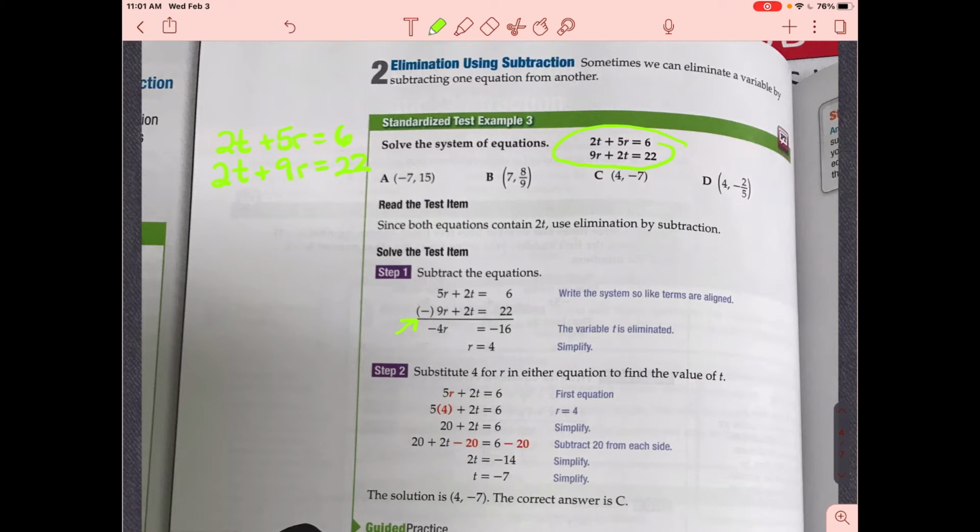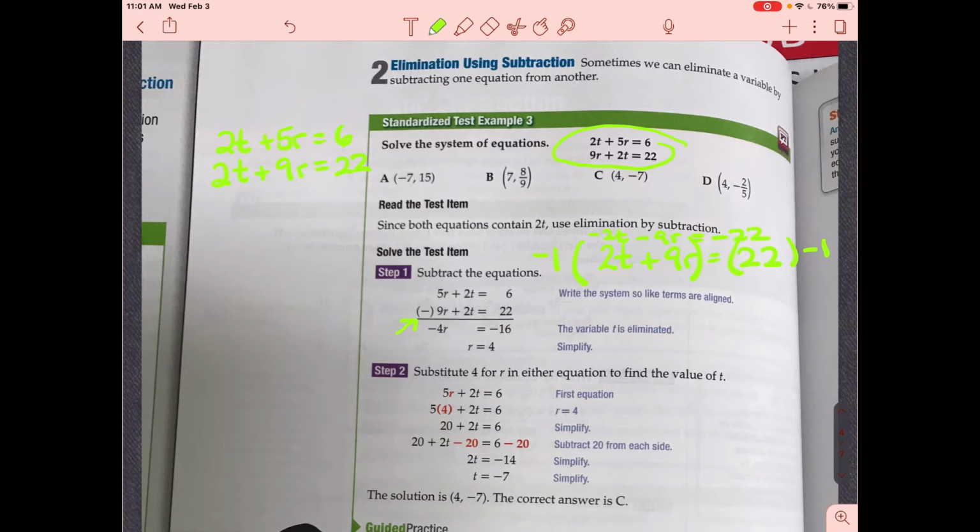But what I like to do is I like to always add. And it's okay if you multiply, if you take, say, 2t plus 9r equals 22. If I were to multiply everything in this equation on both sides by a -1, notice that I'll just get this, -2t minus 9r equals negative 22.